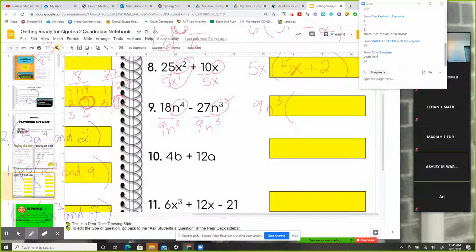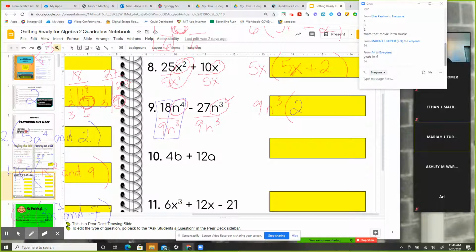So when you do that division, do your numbers first. All you're practicing here is taking one big complex problem and breaking it down to a bunch of smaller ones. So 18 divided by 9 is? 2. Absolutely. And n to the 4th divided by n to the 3rd is?